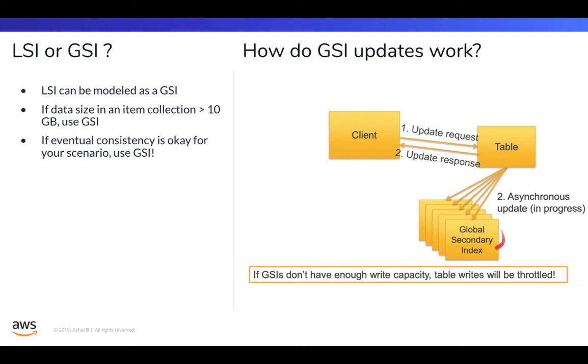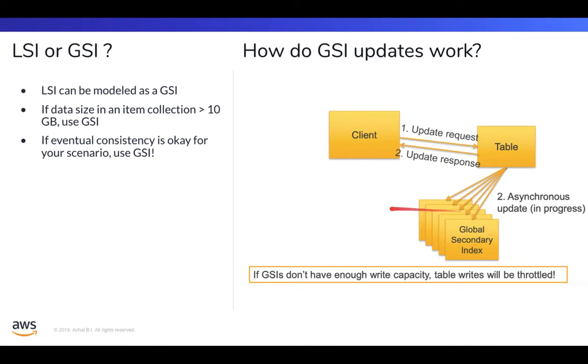Whenever there is not enough write capacity, the table write might be throttled, and it might not write the update immediately. It might take some time to write into the global secondary index.